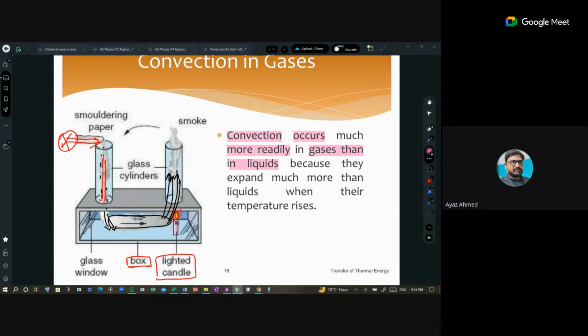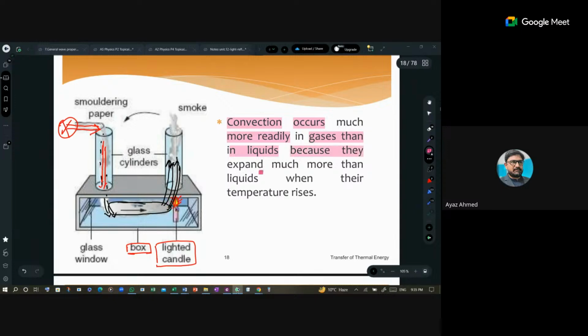In liquids, convection occurs as well, but that is not that significant. But it is significant in gases. So you have to remember that gas particles have a significant convection, right? Is this clear? Because they expand much more than the liquids when their temperature is raised.